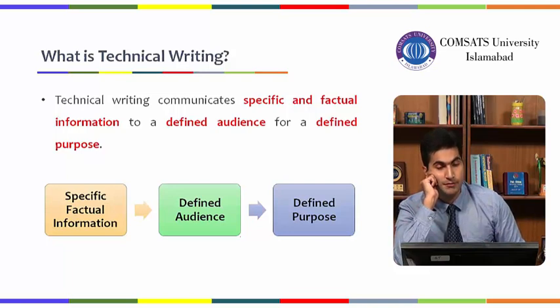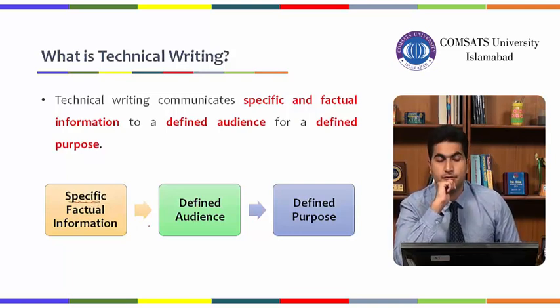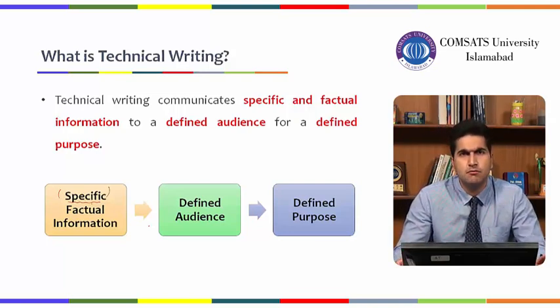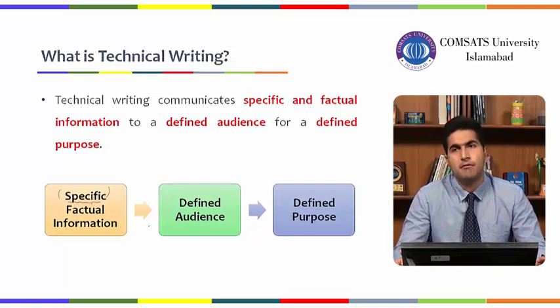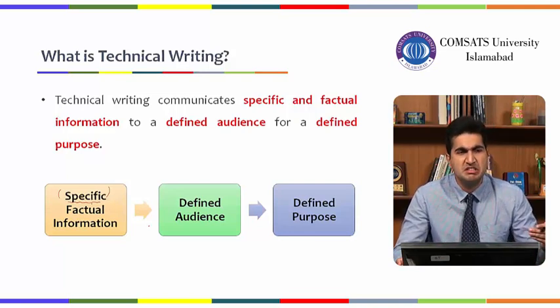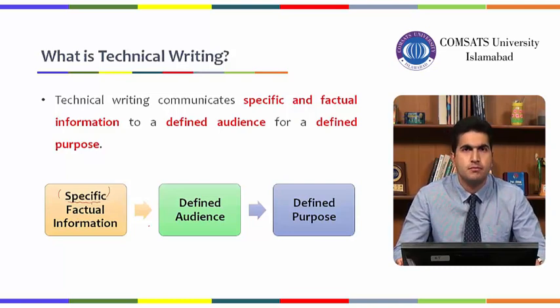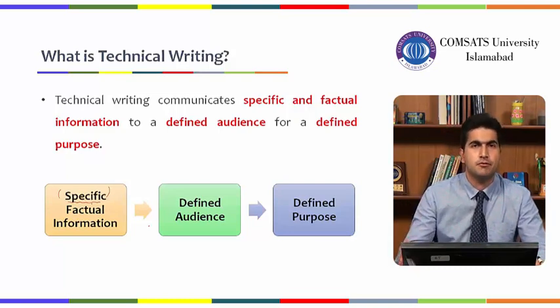So if you look at itself, the first point to focus is that it is communicating a specific information. And by specific, we mean that we do not require the general information, because the general information is for the general audience. In a manner, you have text in newspapers in the form of the details provided in different reports, but that is the general information.